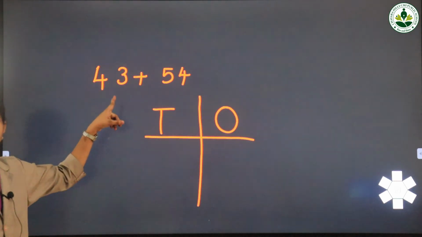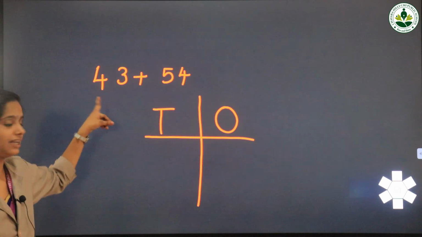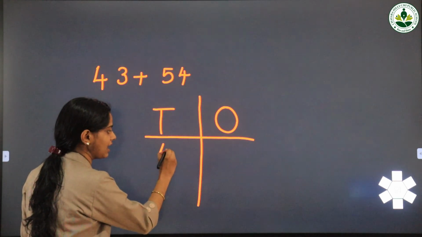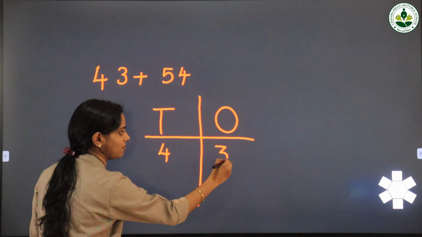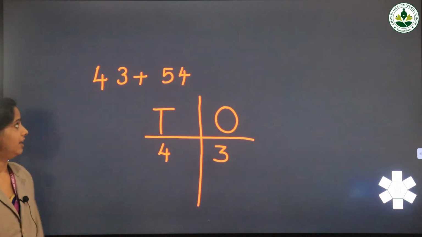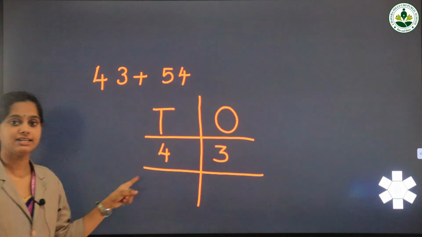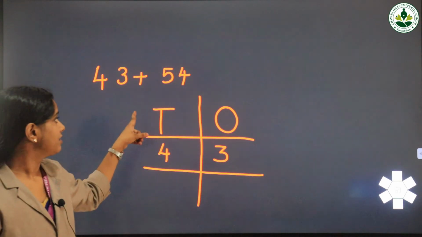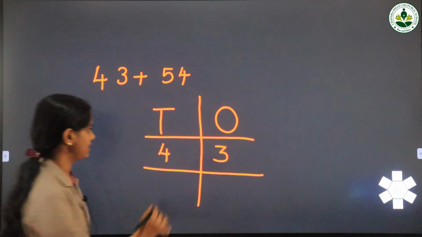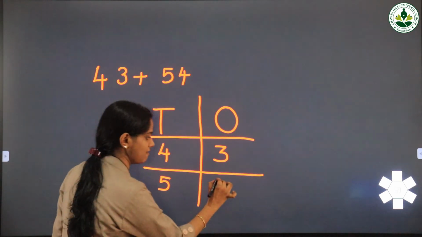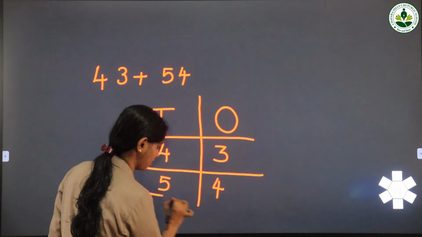How many tens and how many ones in the number 43? We know that 43 has 4 tens and 3 ones. Next, write the number 54. 54 has 5 tens and 4 ones.